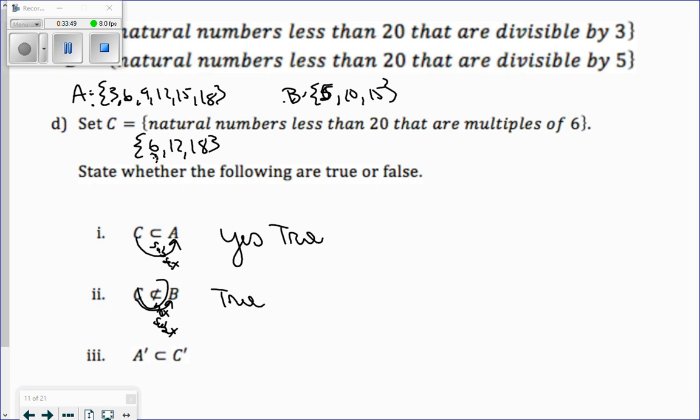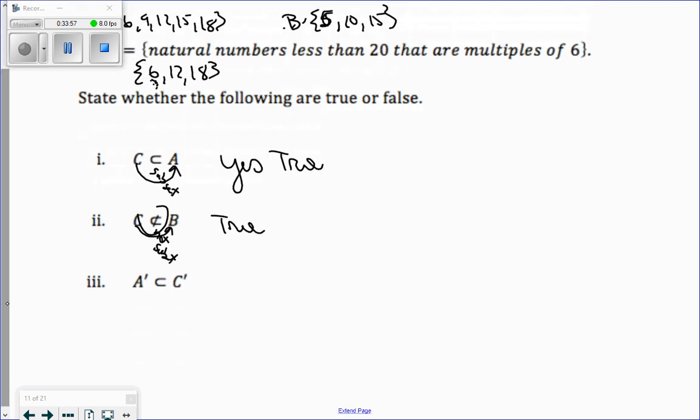Hey, hold on. So you remember how I said yesterday how the whole not thing is confusing as all heck? Okay, so not A is a subset of not C. So this is how I handle this. It may not be how you handle it, but what I do is I physically list out what not A is.